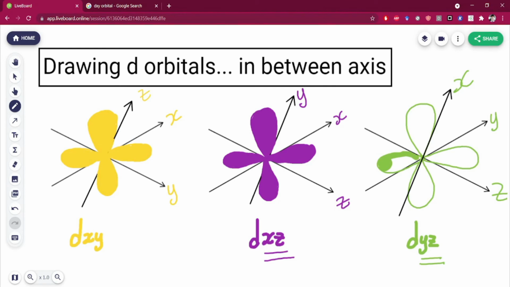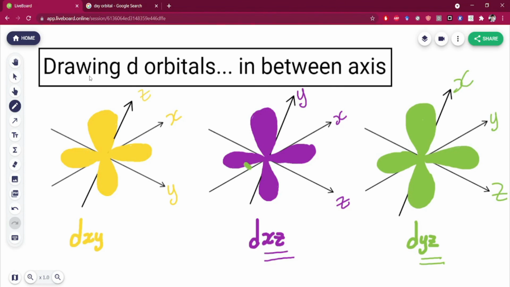Just going to color or darken your lobes. Okay, so that's how you're going to draw the d orbitals for the in-between axis.